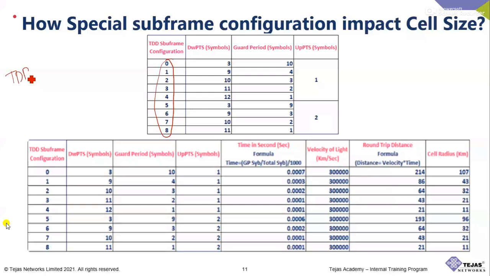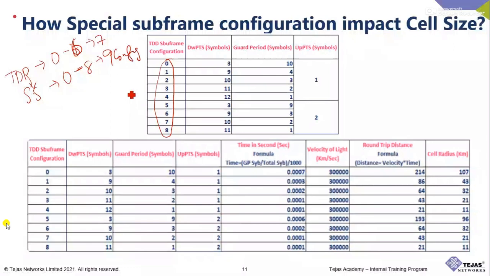So whenever we are configuring our TDD technology, we should specify this configuration also and also this configuration. So let's look at this configuration. You can see here, totally in a subframe we have 14 OFDM symbols, right? These 14 OFDM symbols, how they have been divided, you can see here.